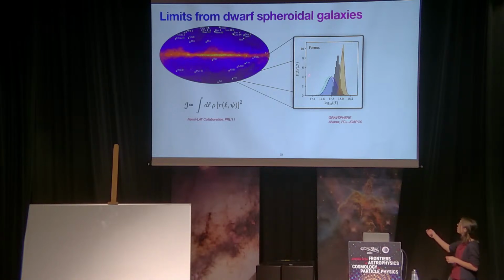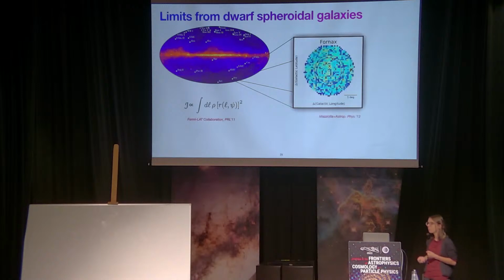Why it is important to get the J factor right is because the flux directly depends on the J factor, and if you want to set constraints on dark matter or to look for a signal, then of course you end up needing independent information about the J factor, which comes in this case from optical.